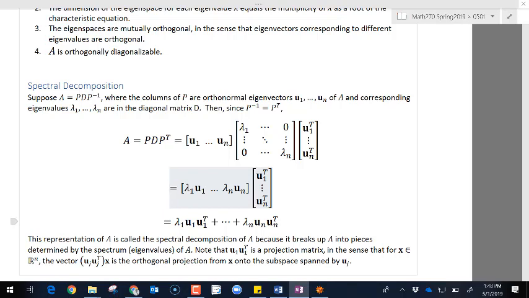Isn't this the dot product? Isn't this the inner product? Are you sure? This looks like a dot product, right? Wait, what?